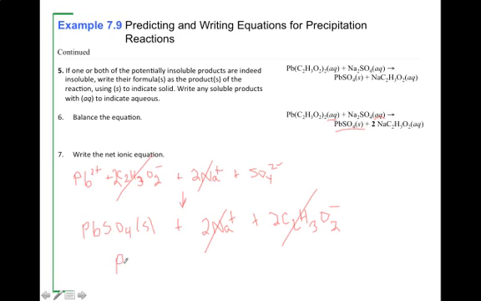We're left with lead 2 plus, aqueous, plus sulfate 2 minus, gives 1 lead sulfate. We need our symbol solid. This needs to be AQ. Okay, so this is what's called the net ionic equation.